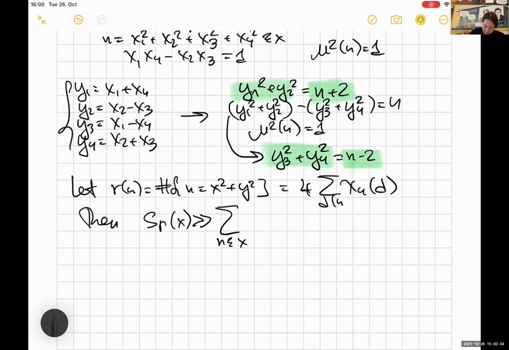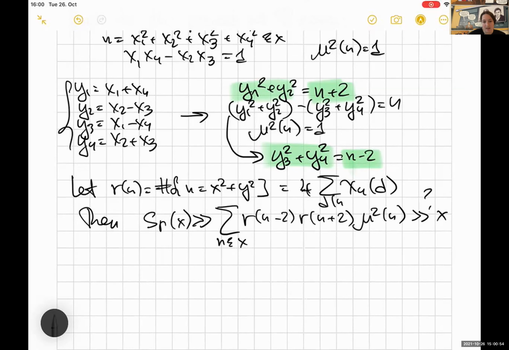So this is lower bounded by the sum over n up to x of r of n minus 2, r of n plus 2, mu square of n. Then this means that the theorem that we would like to show is equivalent to showing that this thing is bounded below by x.